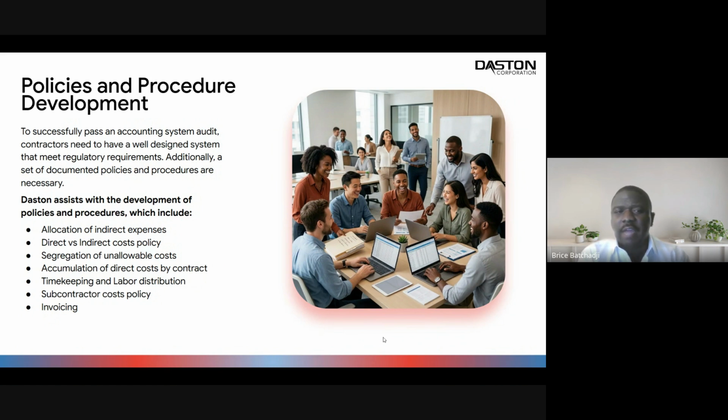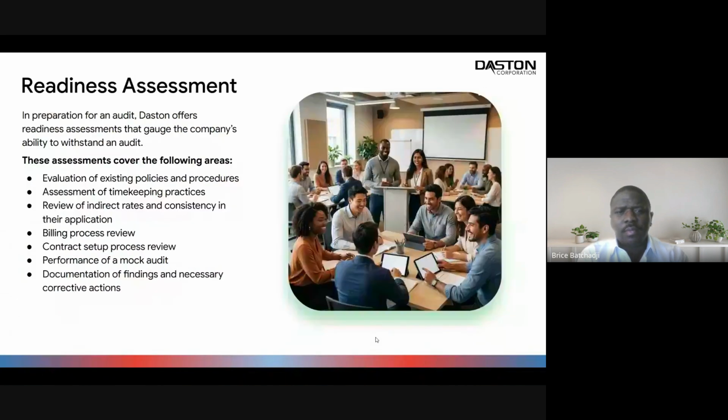There's an expectation to have policies around direct versus indirect costs, the policies around the segregation of unallowable costs, the accumulation of direct costs by contract, the policy around timekeeping and your labor distribution, as well as subcontractor costs and invoicing. So Daston can support your company with each of these policies.